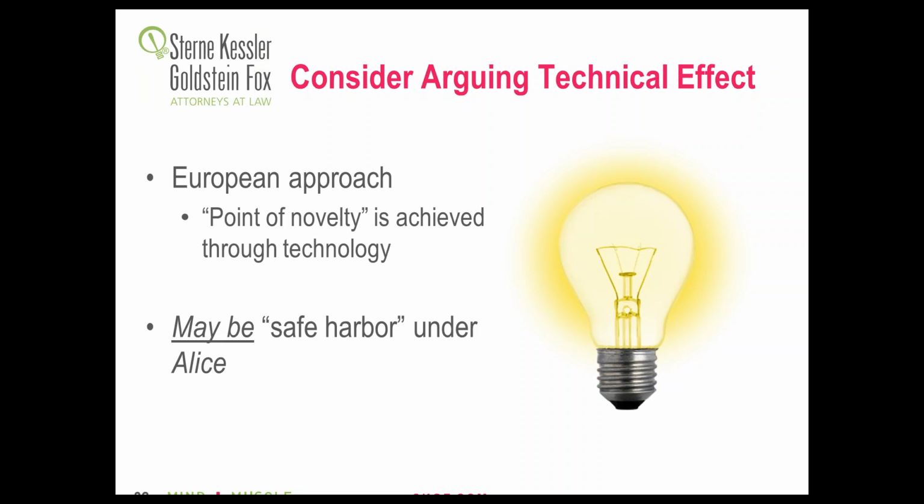It's just one of many that might be used. In the Grow Planet Blue case that I was just mentioning, the point of novelty test is actually what the district court judge used. So, as I mentioned, there are all these tests. There's no guarantee of which one will actually be used or which one will stick, but to the extent that you can argue any of them, we'd recommend it at this point until the Patent Office and the courts settle on what they consider to be the most likely approach.